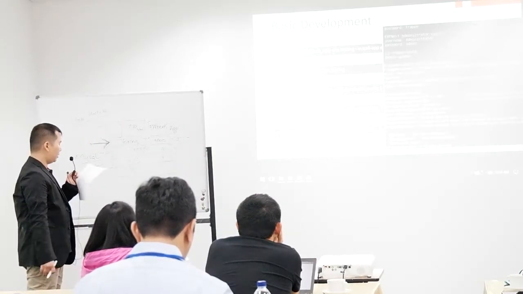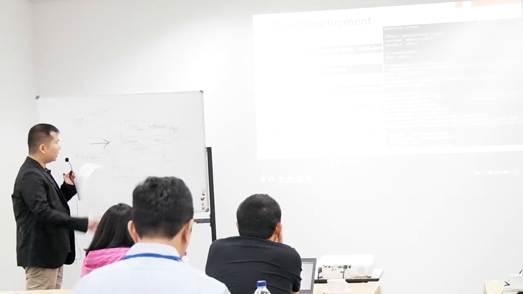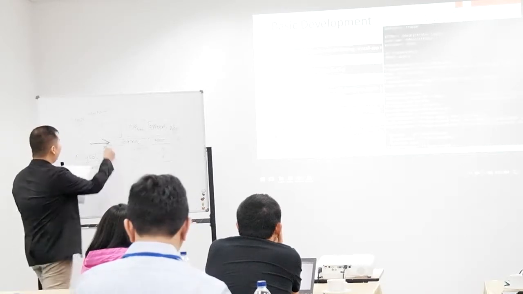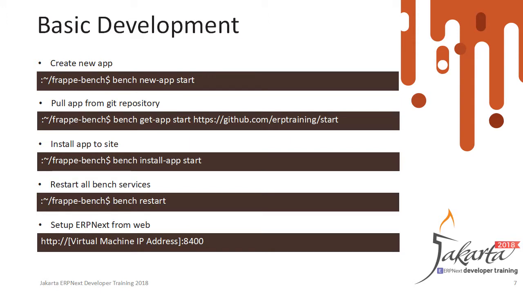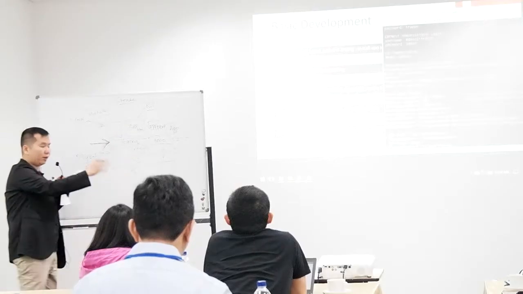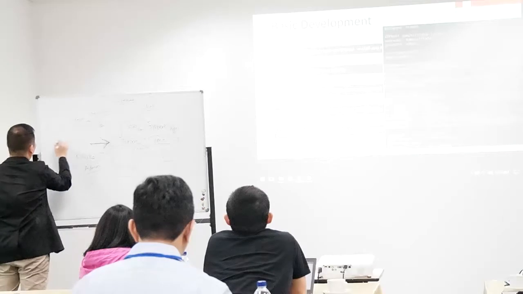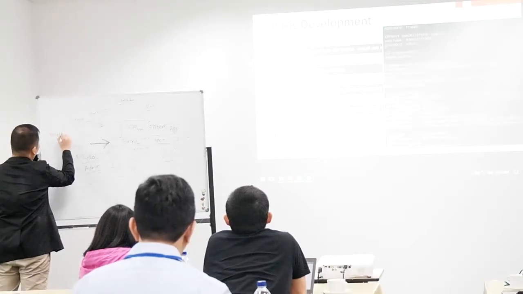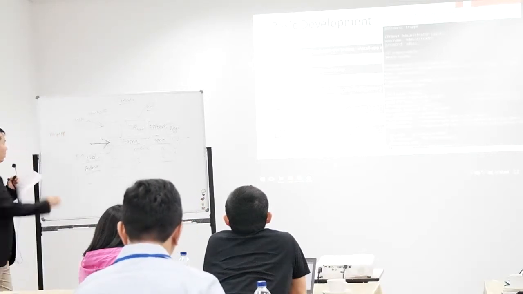Okay, and then after that, there are 2 ways to install your apps. The first one, your module, is you can create or you can pull. So basically, what pull is, let's say you have another app, let's say my app, from the Git repository.